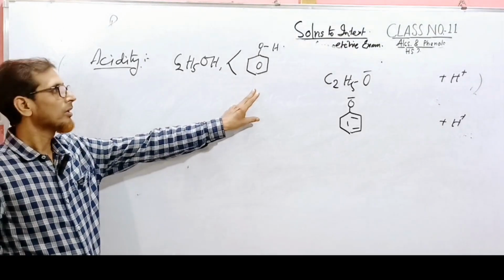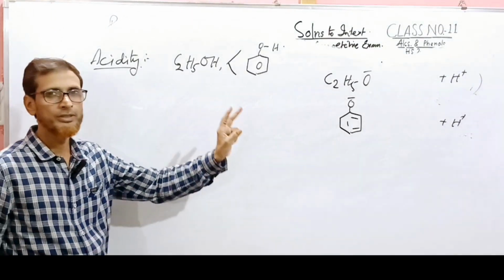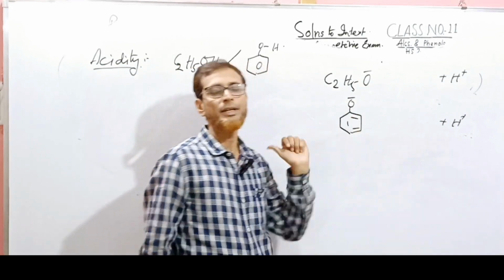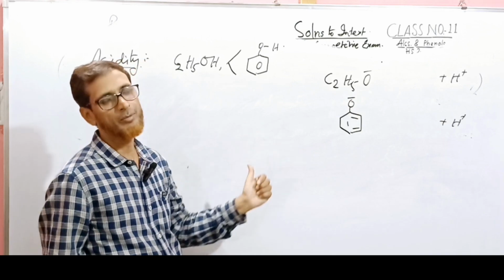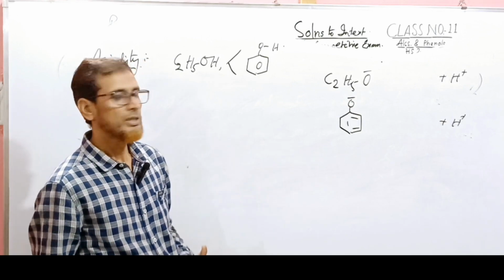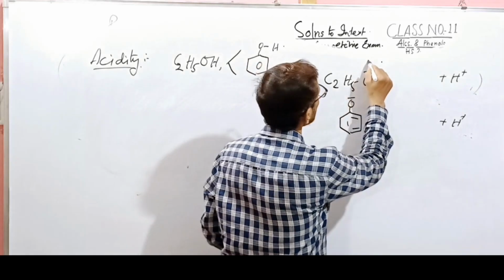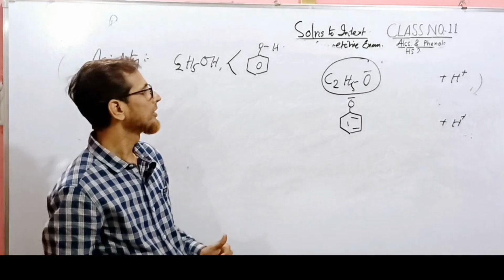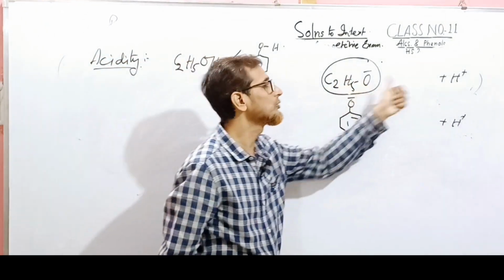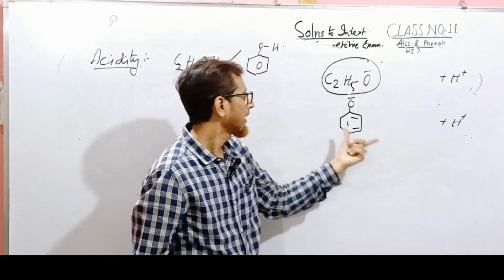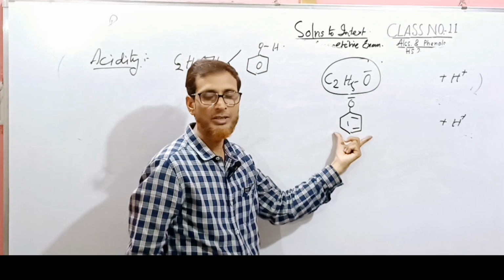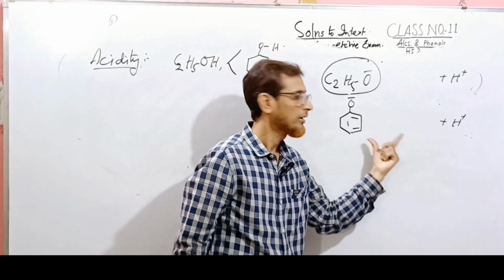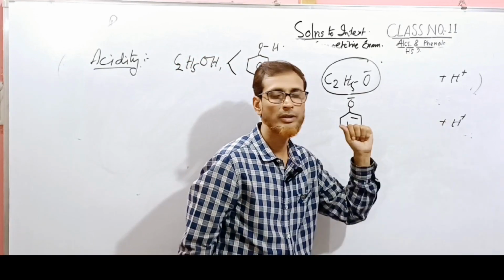So phenol or anything will be an acid if, on losing hydrogen as a proton, the negative part itself becomes stabilized. If this part is stabilized, the acid will be more acidic.